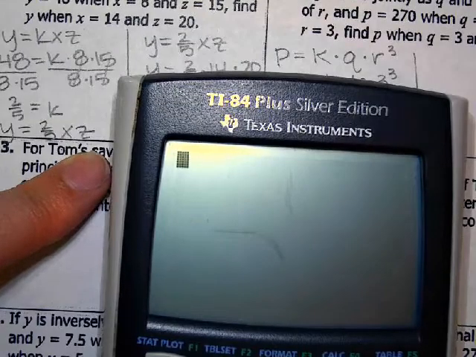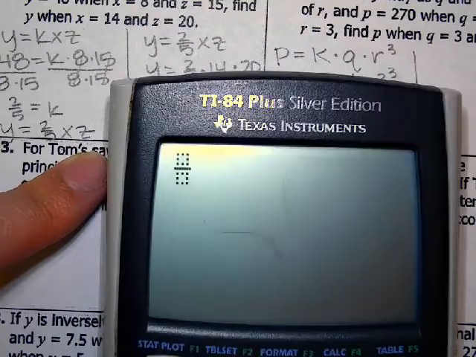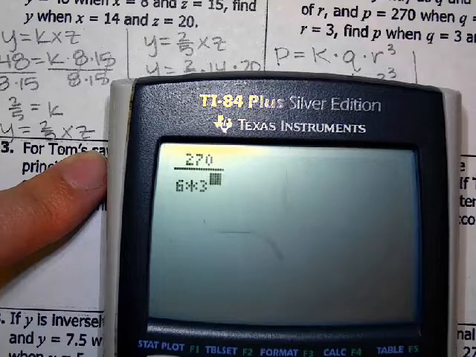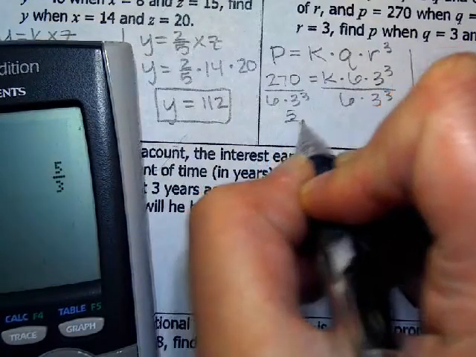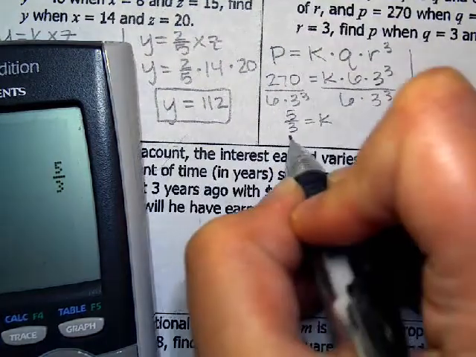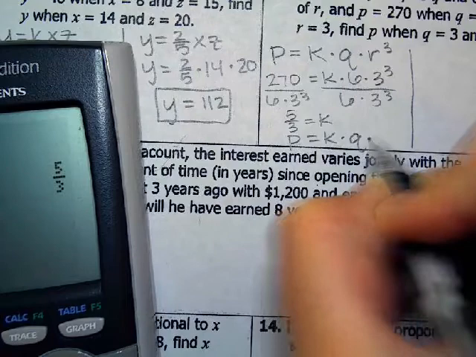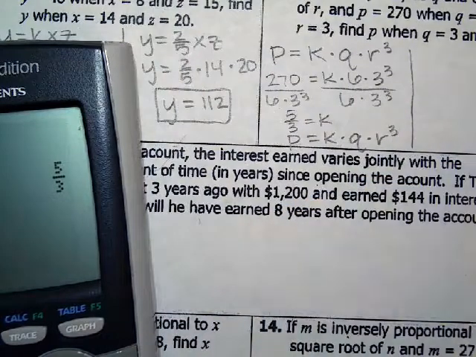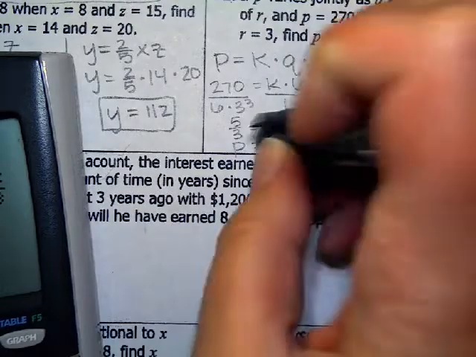I'm going to do alpha y equals, and I'm going to type in 270 divided by 6 times 3 to the third power, 5/3. So 5/3 equals k. And so my equation is P equals k times Q times R cubed. Oh, sorry, not k, 5/3. 5/3 for the k value.